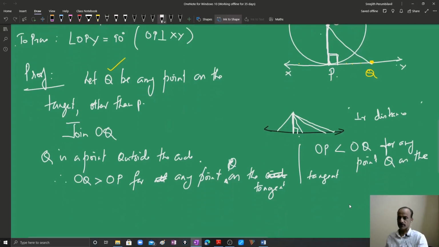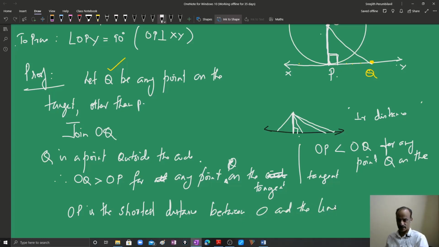We conclude that OP is the shortest distance between O and the line, which is the tangent.